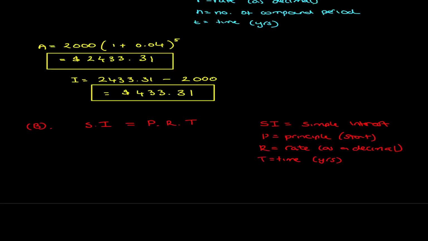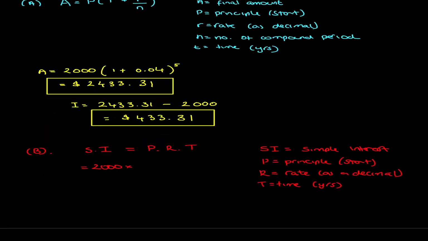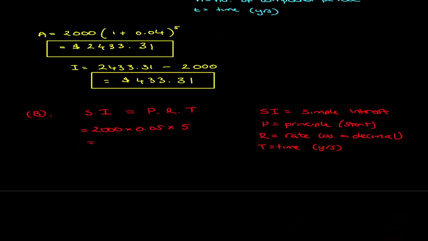So let's work this out. My principal was 2,000. My rate was slightly higher, so it was 5%. As a decimal, that would be 0.05. And we're still investing for 5 years. This formula works out the interest. Simple interest works out the interest, whereas the compound interest formula works out the final amount, and then you do that extra step, you subtract the principal to work out the interest.